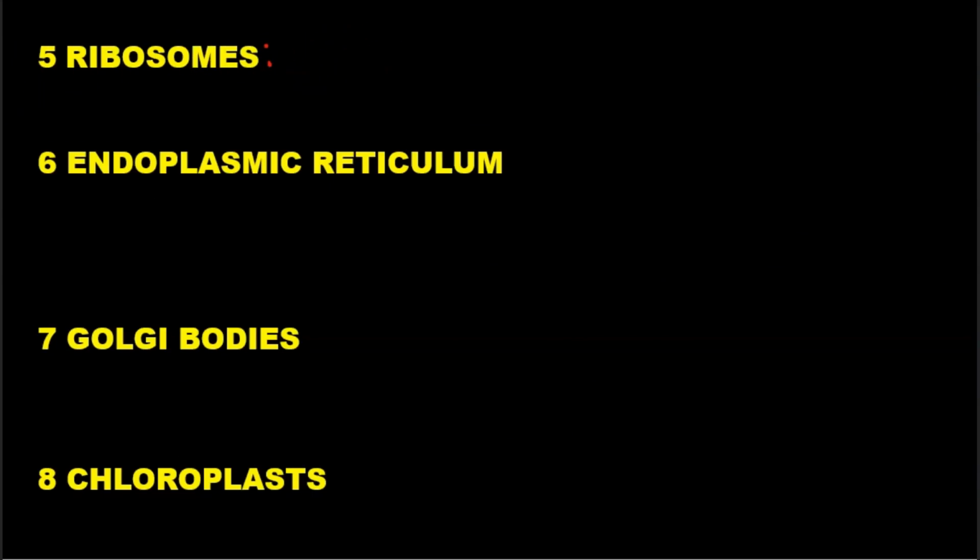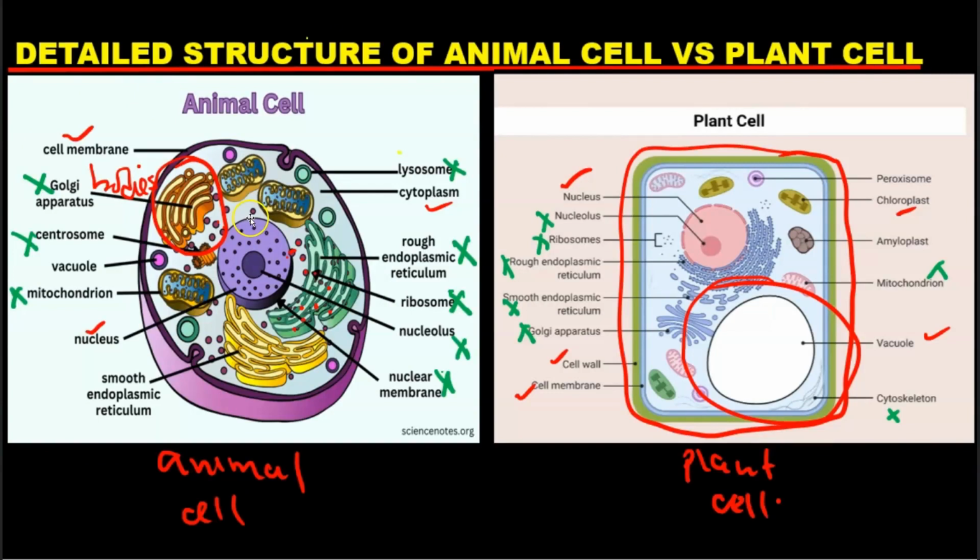In terms of shape, they are small in size and circular, and they are normally found suspended inside the cytoplasm. They can be found freely suspended or on the surface of the rough endoplasmic reticulum. So they are normally found in the cytoplasm of a cell. Equally here they are there, but I'm sure they are too small.